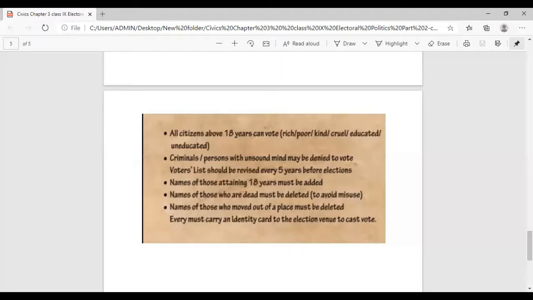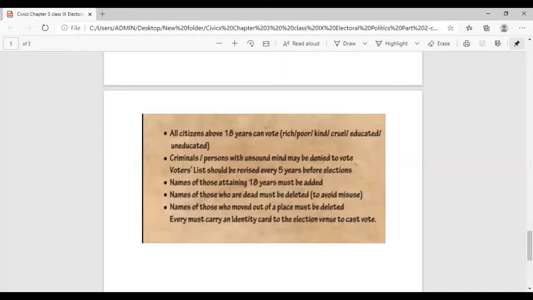Each village or town is divided into several wards that are like constituencies. Each ward elects one member of the village or the urban local body. Sometimes these constituencies are counted as seats, for each constituency represents one seat in the assembly.